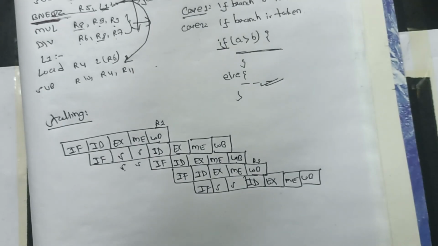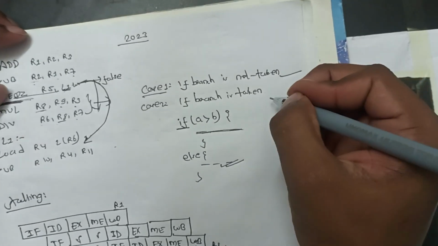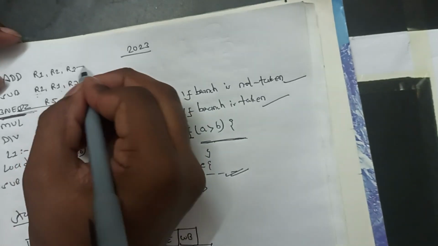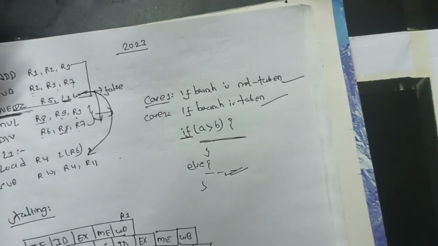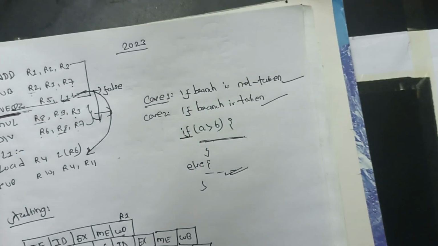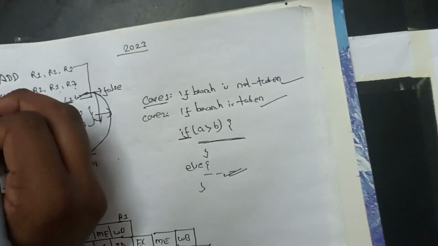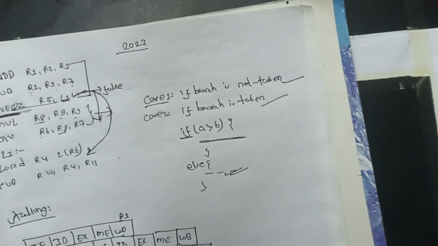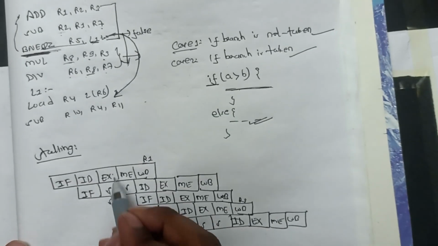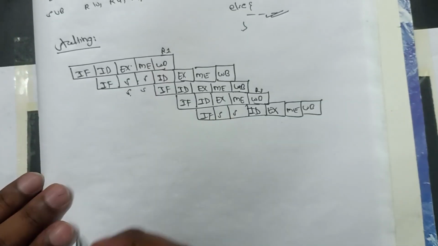For case 1 and case 2, whether the branch is taken or not taken, these three statements are safe. It means every line before the if condition is going to execute by default. So 1, 2, 3 are the same, and I copy paste from this.